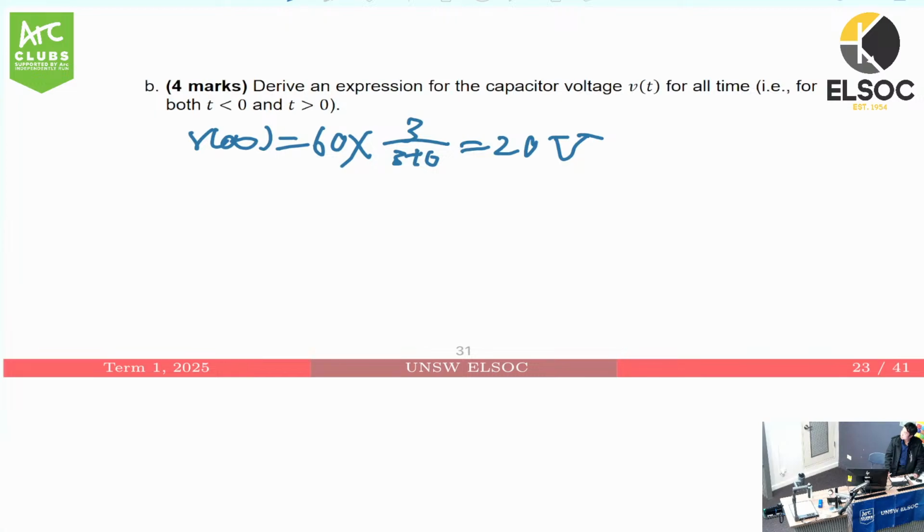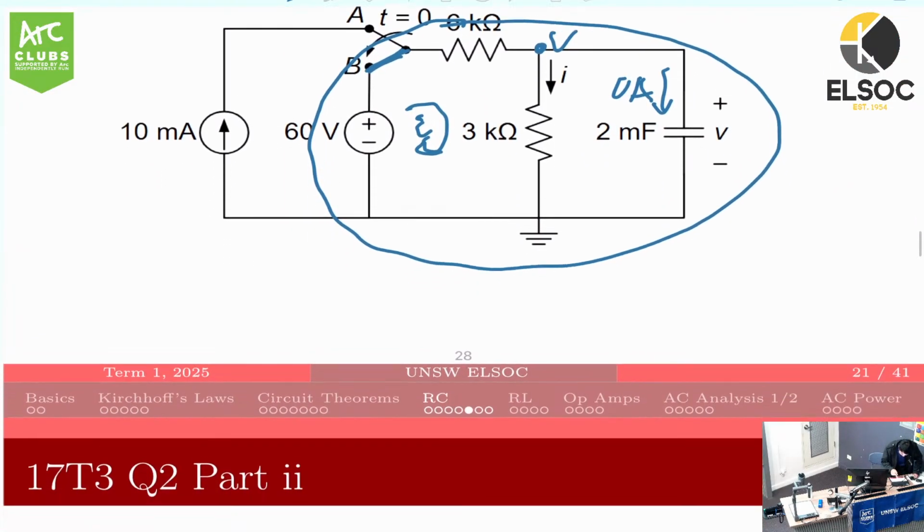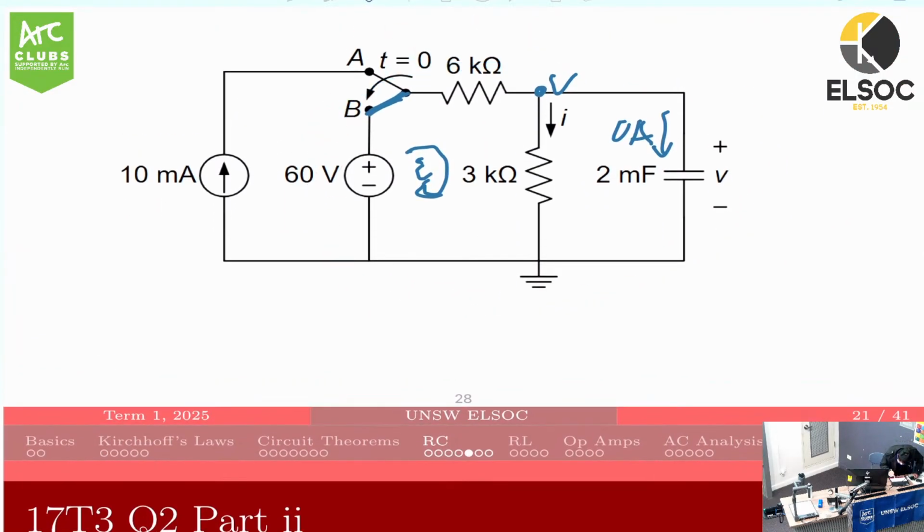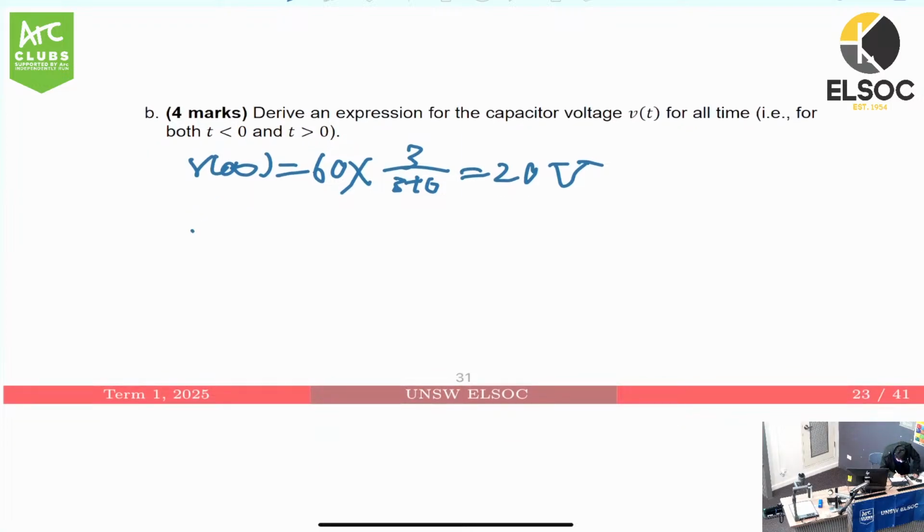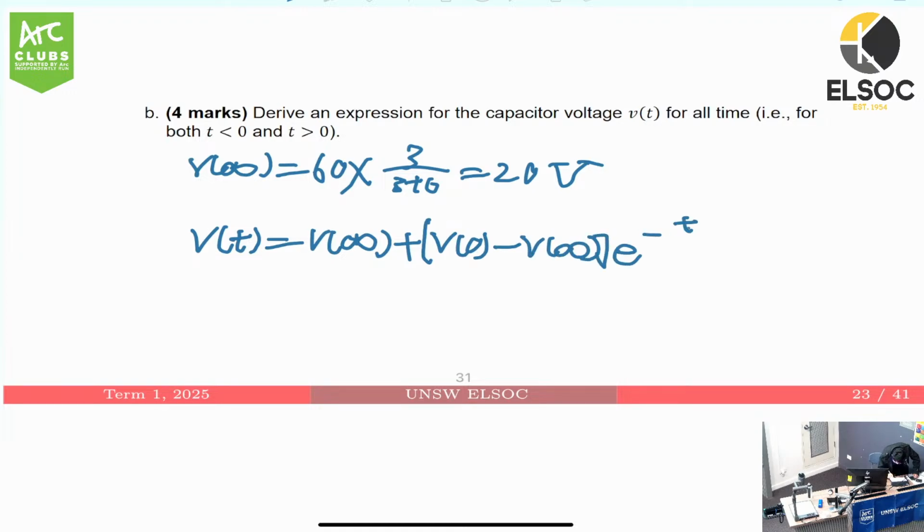We have V0. The only thing we need now is the RTH to find the time constant, of course. So now we can again look at this circuit here. We have the 2 terminals here and here. So to find RTH, we just look in here. So VT equals V infinity plus V0 minus V infinity times e to the power of minus T over tau.